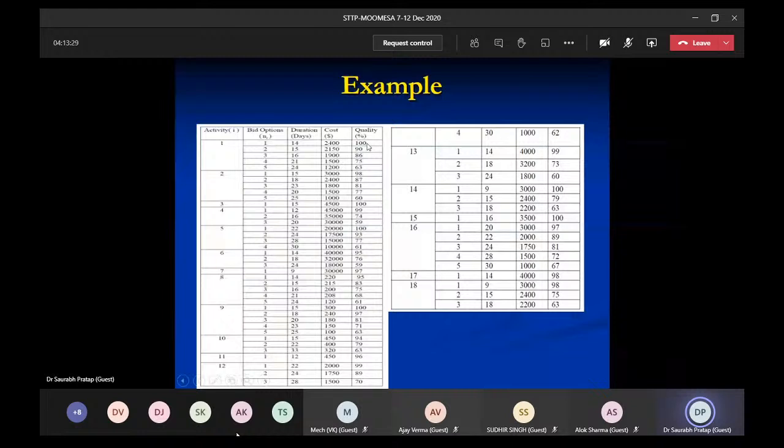Definitely, if we have a very high cost budget, I will choose the first option. But as per the cost constraint, we have to identify a solution that will satisfy the whole project. So we have to identify the best option for each activity, similarly for the second and the different activities.